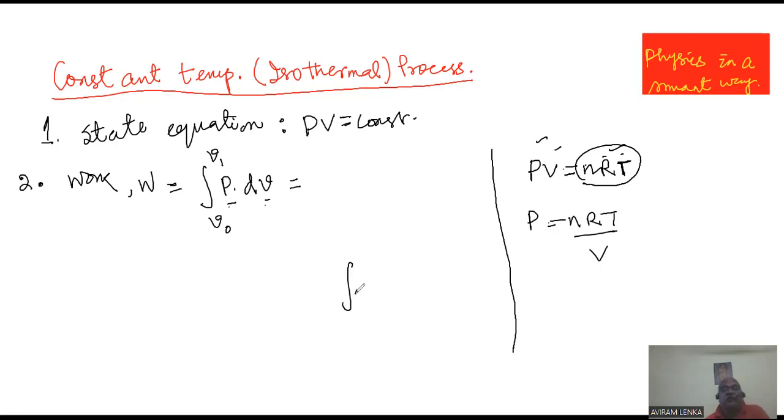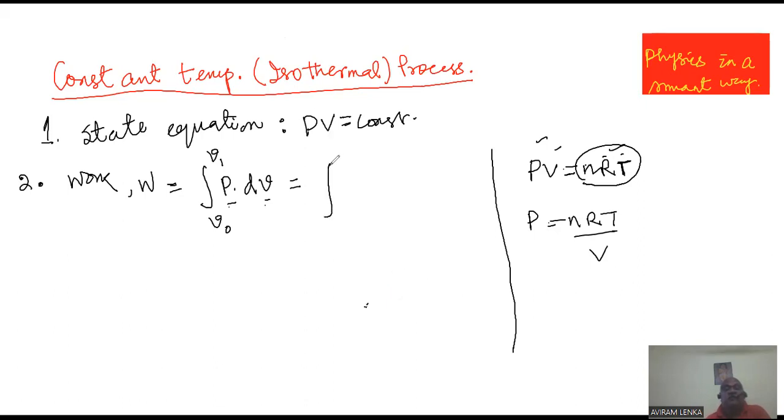It is just like integration y dx, but don't confuse. If y and x are independent variables, then that is a very serious case. You cannot possibly solve it. But fortunately, there is a link, which is temperature, which connects these two.